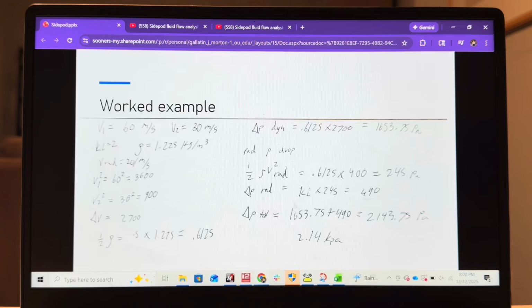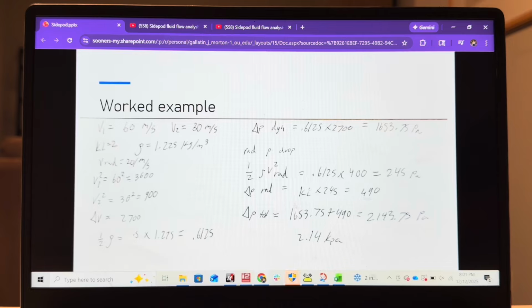And then we're going to calculate across the radiator. So 1/2 times density times velocity squared of the radiator. That's going to be this 20 meters per second here. It's going to give us 245 pascals.